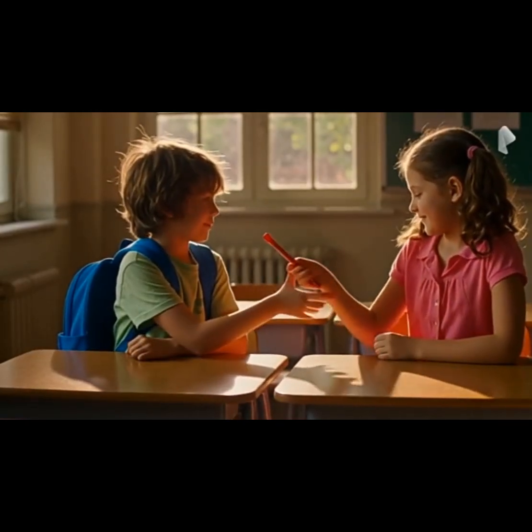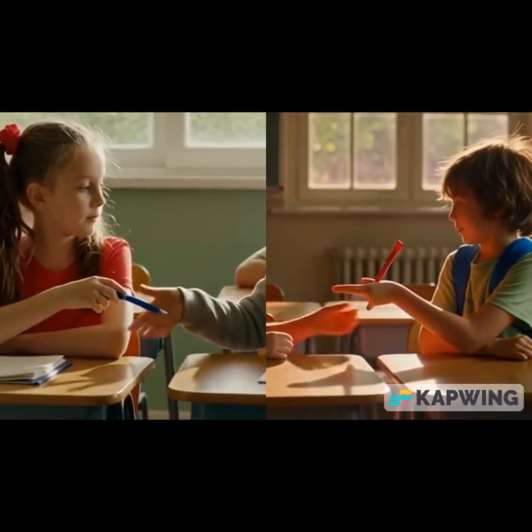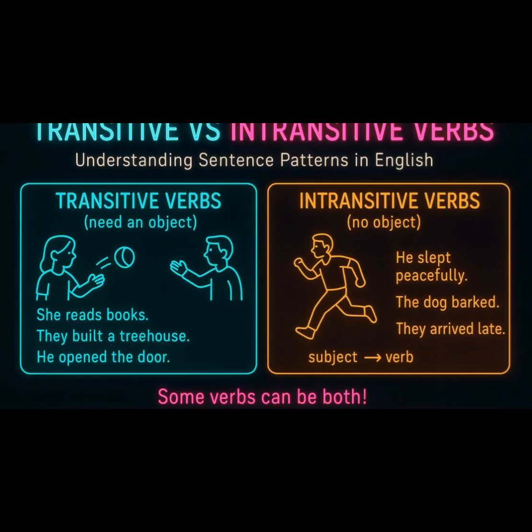If we look at the two sentences, they involve the same persons, but the actions are different. In the first sentence, I gave him a marker, where I is called the subject because I am doing the action. In the other sentence, he gave me a marker. Me is called the object because I am receiving the action in the second sentence. Transitive verbs need an object to complete a meaningful sentence.